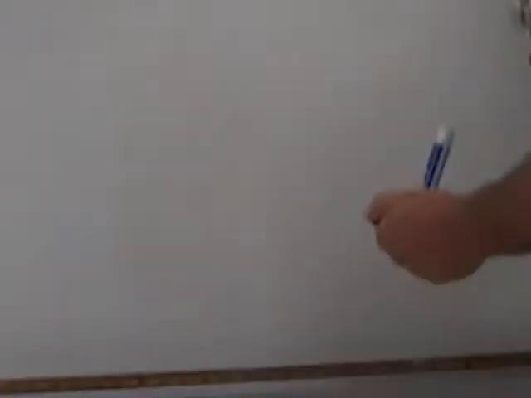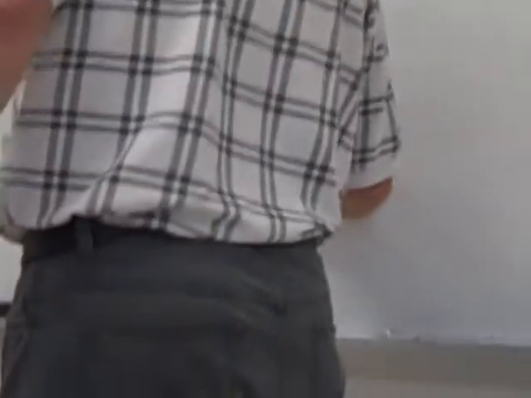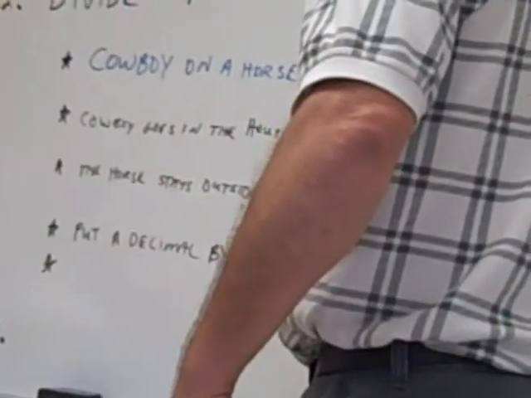Yes, it's Casperized. It's right here. So we make Casper show up so I can see him. Put a decimal by Cowboy and put zeros if you need them.